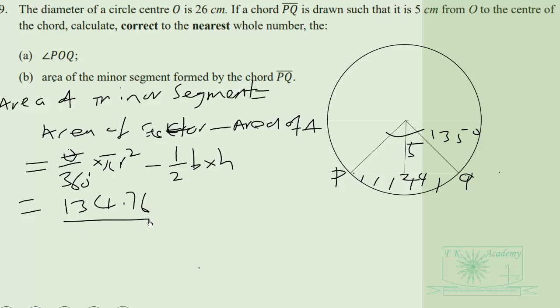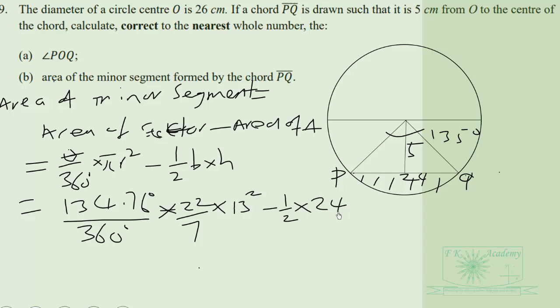So that will give you 134.76 degrees over 360 degrees times 22 over 7. I'm using 22 over 7 for pi, times r squared, which is 13 squared, minus 1 over 2 times the base, which is 24, times the height, which is 5.